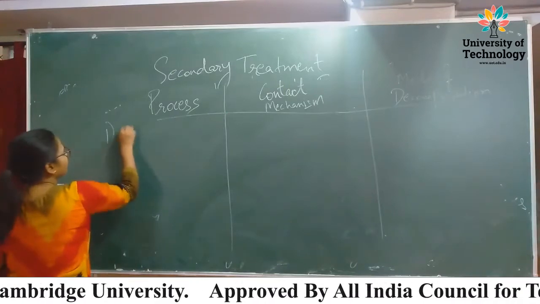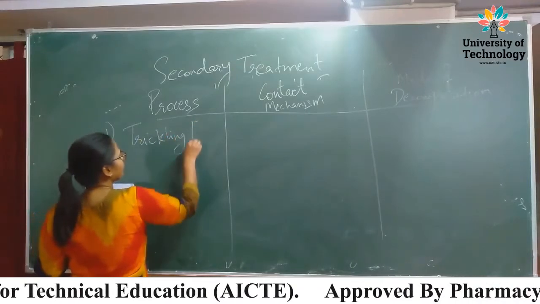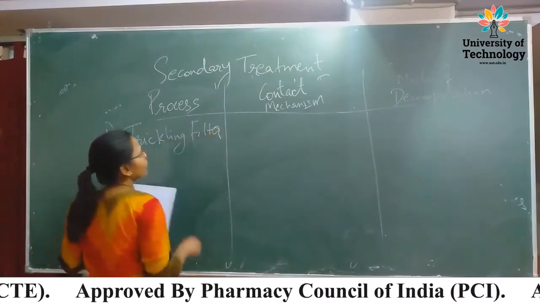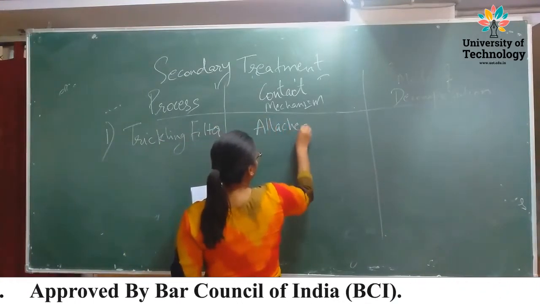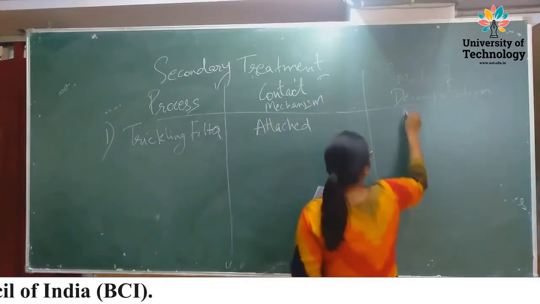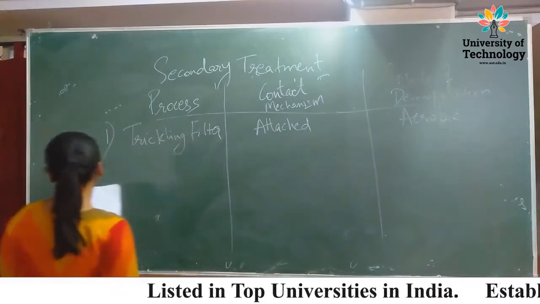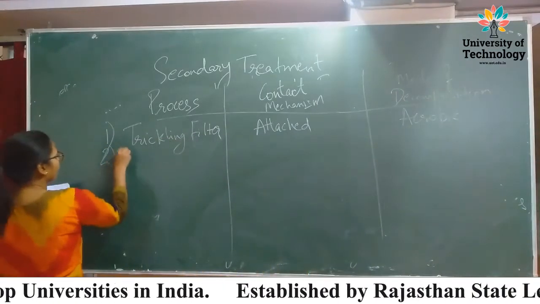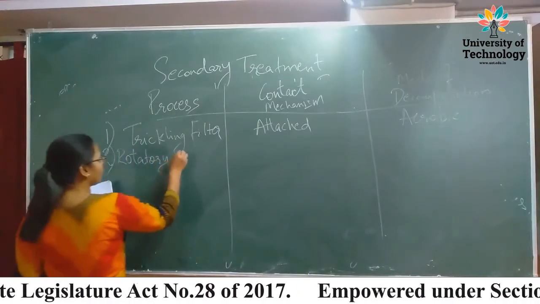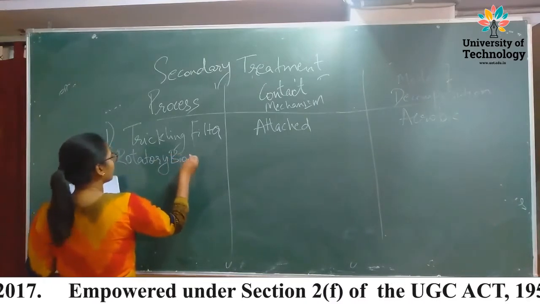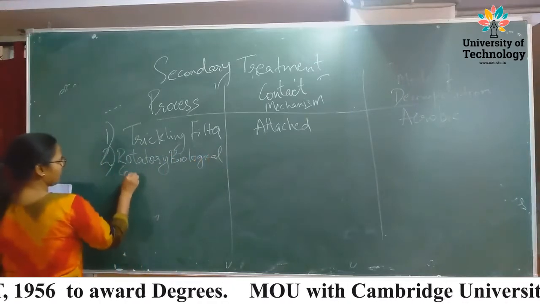Number 1 is our trickling filter. It is an attached growth system and involves an aerobic process. Second is the rotating biological contactor, also known as RBC.